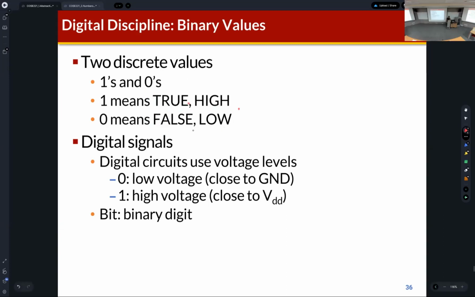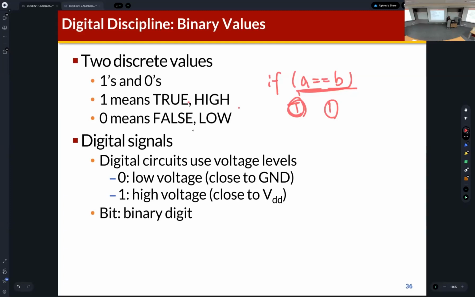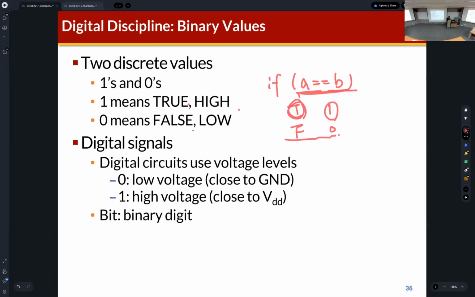In a C program, we frequently use the if statement, like if A equals B. This is the condition of the if statement, and we need to check if this condition is true or false. If it is true, we can represent it as 1 of the digital signal, and if it is false, we use 0. Something like that.